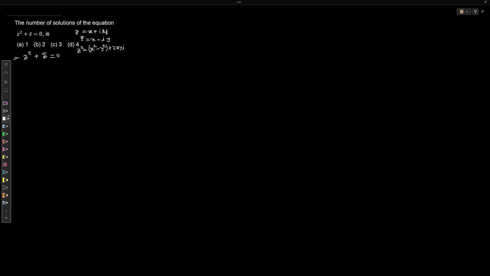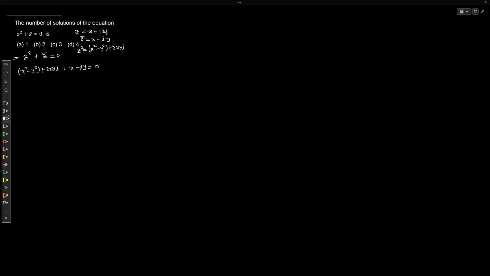So substitute values: instead of z square, x square minus y square plus 2xyi, plus z bar, which is x minus iy, is equal to 0.